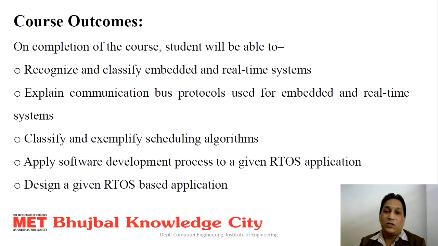Different bus protocols we need to know, and with this particular outcome we can satisfy that. Classify and exemplify scheduling algorithms, then apply the software development process to designing embedded real-time applications, and design a given RTOS-based application. Now this is where we have a mini project in the embedded system part with Laboratory 4.